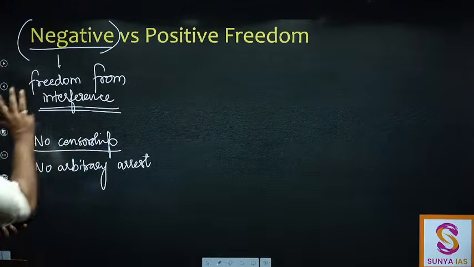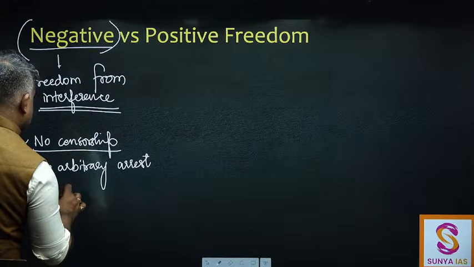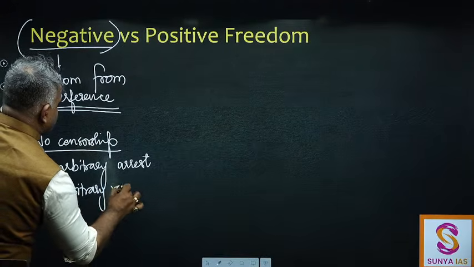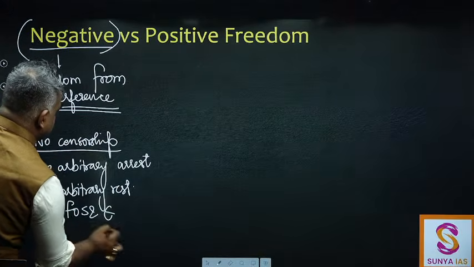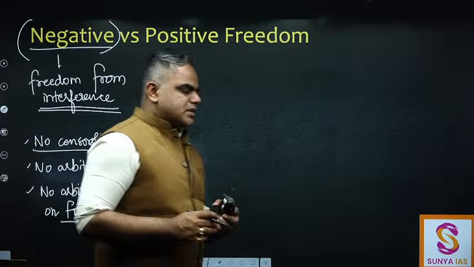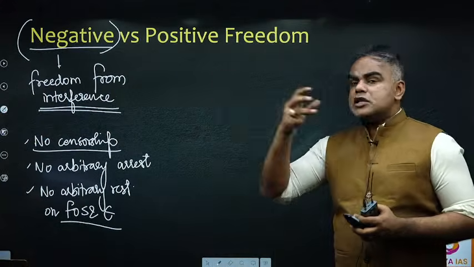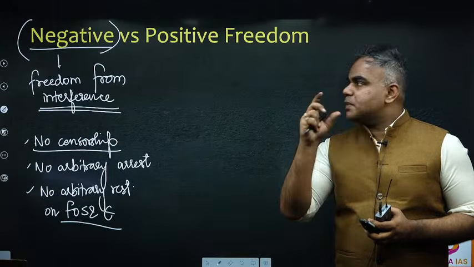That is also an example of negative freedom. Okay. For example, no arbitrary restriction on freedom of speech and expression. Again, please understand, in negative, it simply means there is going to be no interference from my side. That is the aspect of negative freedom.